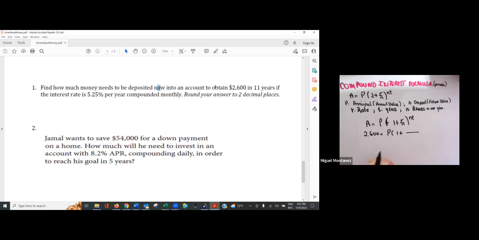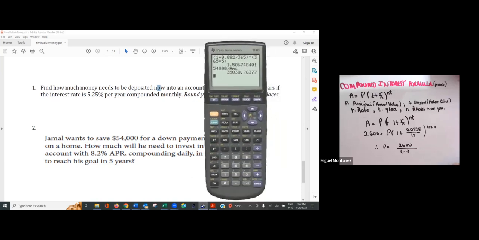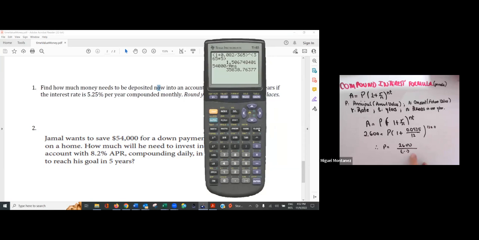The rate is 5.25%, so that's 0.0525 compounded monthly, 12 months in a year, 12 times 11. And so if I want to solve for P, it's going to be 2,600 divided by that number. So let's see how much is that. First of all, let's go ahead and calculate that figure.